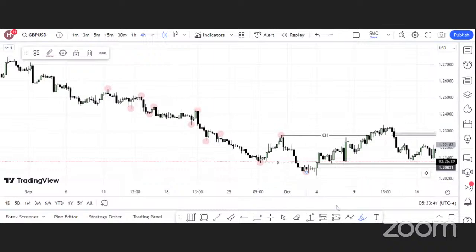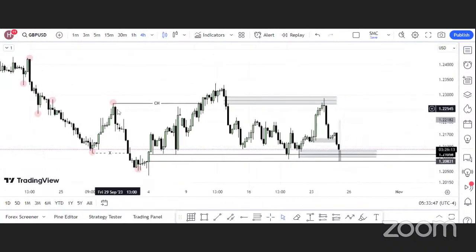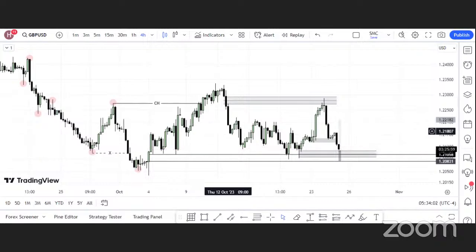And remember, when the high gets taken out, then the market is about to change direction. So the last high got taken out. We have our last high, we have our last low. The last high got taken out, giving us a change of character. Remember, this is our confirmation that the market would trade to the upside.